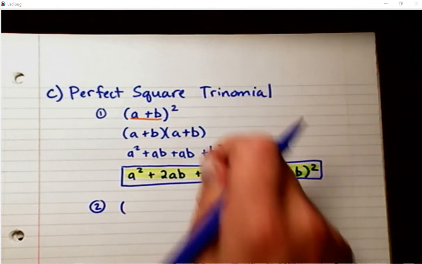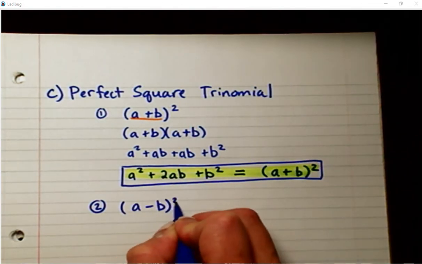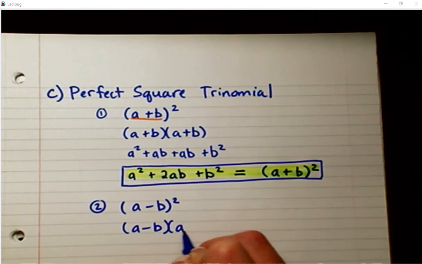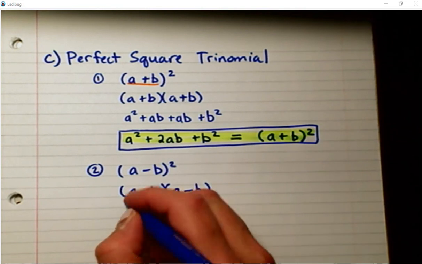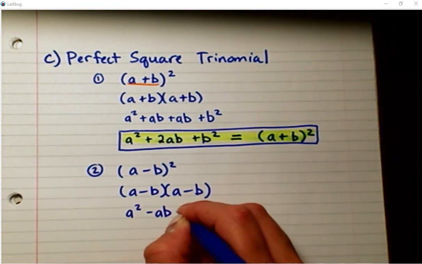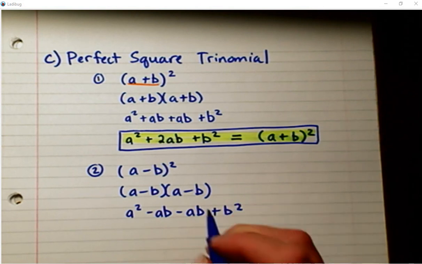We're going to do the exact same 4 lines, but we're going to put a minus. And we FOIL. Minus 2ab plus b squared.